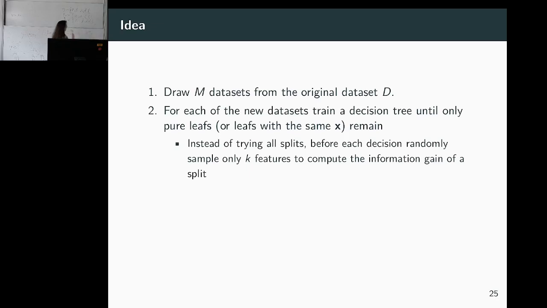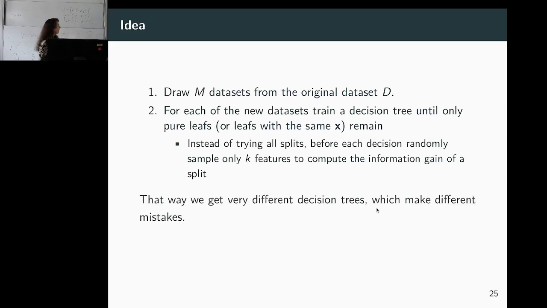So as you can imagine, your decision trees will be even more far apart from each other if you do it like this. They are already far apart, but if for each split you do not go through the whole feature set, but only choose k, a smaller number, then there will be even more variation. And that way we get very different decision trees which make different mistakes.